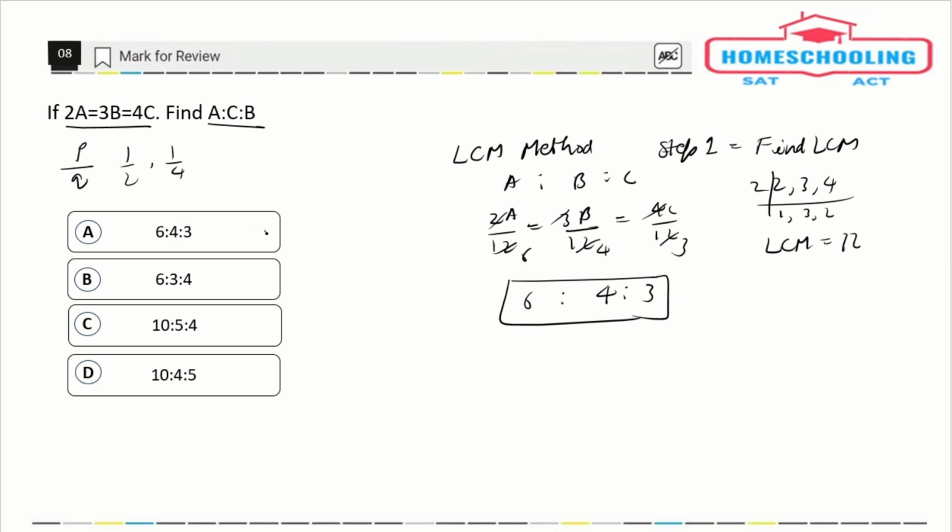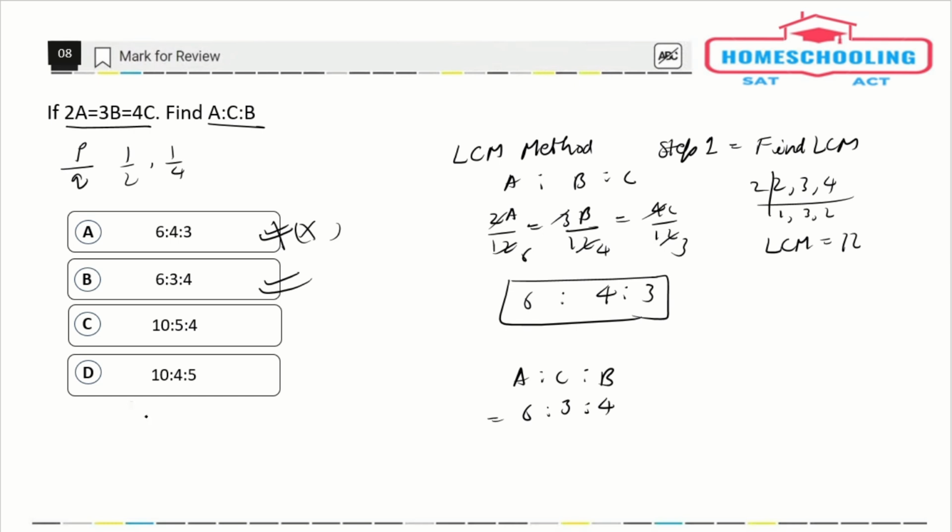Many of you will select this answer, but this is wrong, because in the question we have to find the ratio of A is to C is to B. So A is to C is to B would be how much? A is 6, C is 3, and B is 4. So option B is your correct answer.